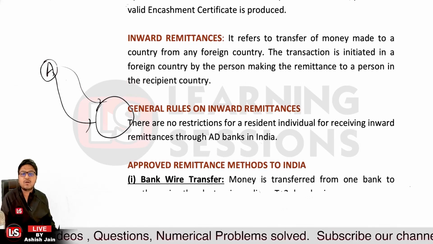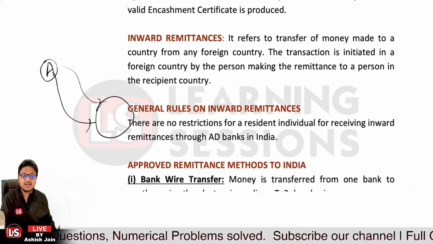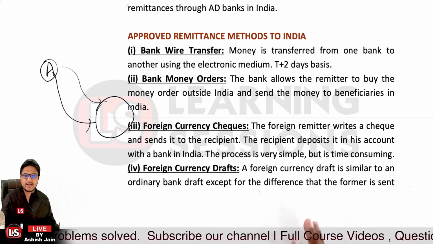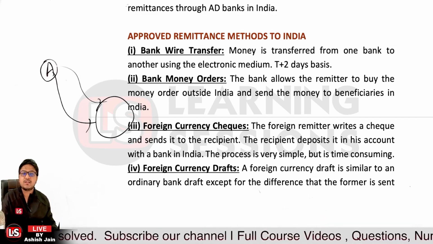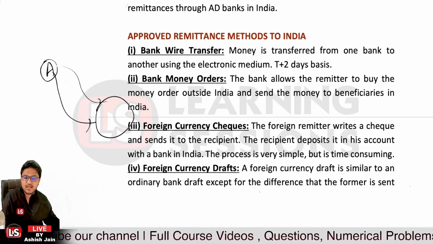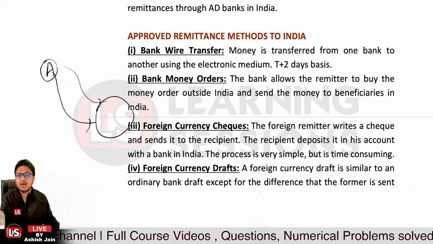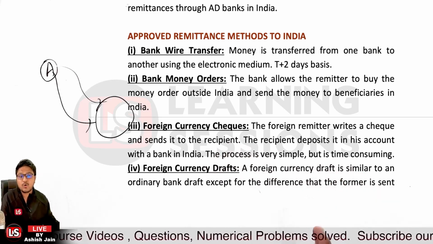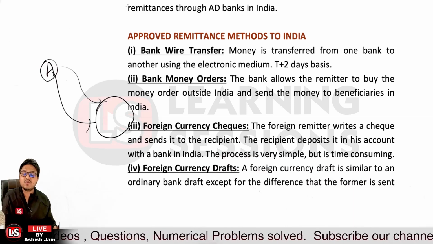Now what are the approved remittance methods in India? The approved methods involve the bank wire transfer, where the money is transferred from one bank to another using an electronic medium, and it takes T+2 days minimally. And for bank money orders, the bank allows the remitter to buy the money order outside India and send money to the beneficiaries in India.